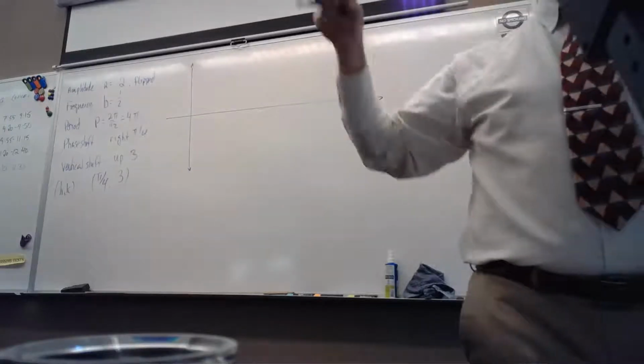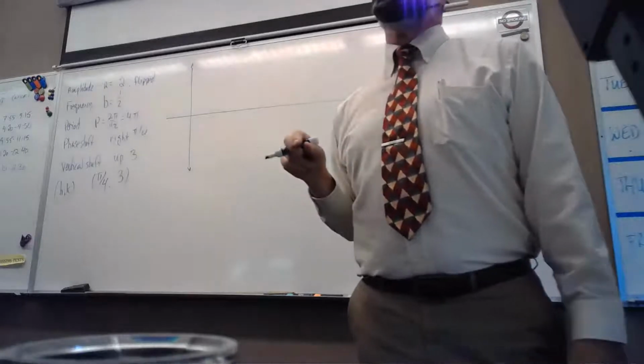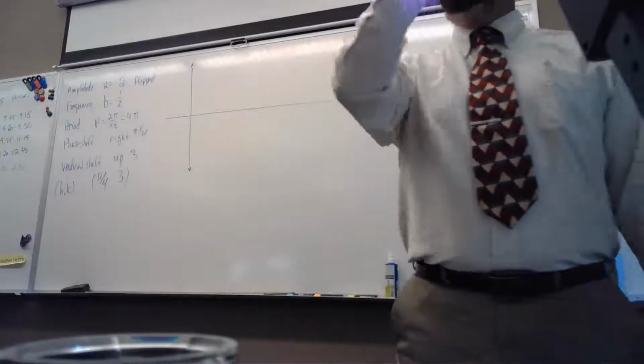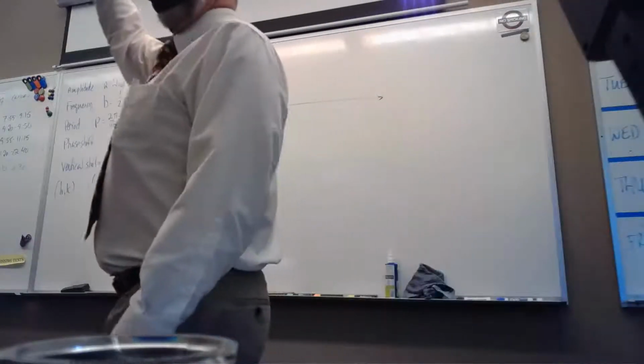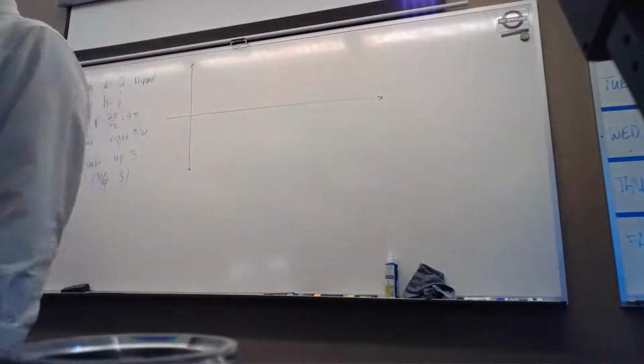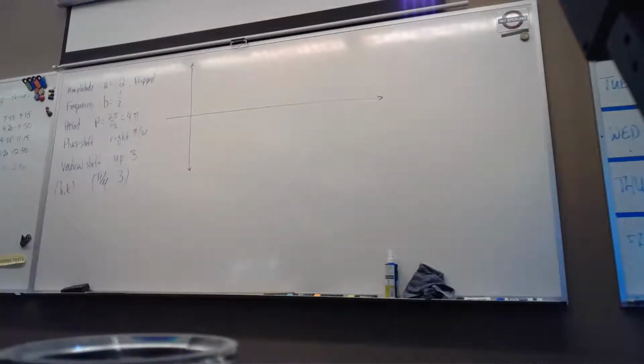Guys, that's a useful thought process to have before you actually start drawing your axes. My center line's at 3. My maximum's at 5, which means I need my graph to go up to 5. What's my minimum, Akil? 1. So I need my graph to go from at least 1 to 5. I don't need anything else.